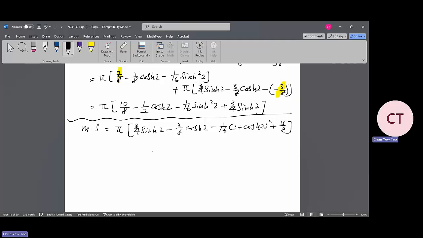This is the answer from the mark scheme. So actually it's nothing special because you can see that this is the same.